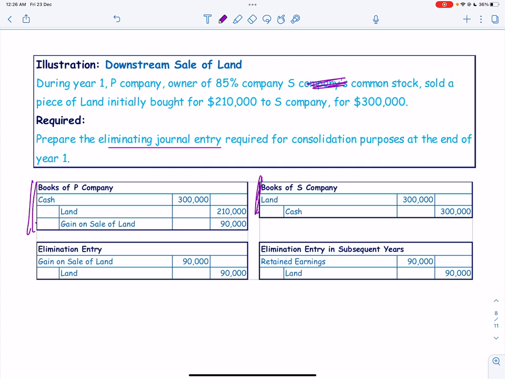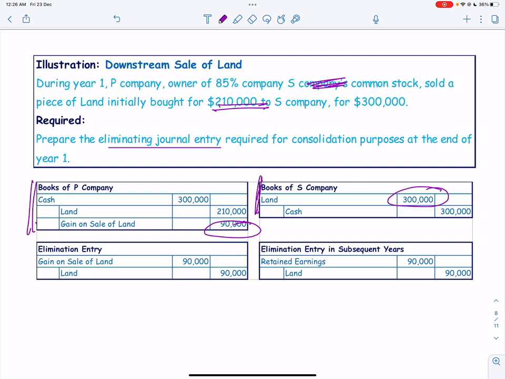First, we need to eliminate the gain because this gain is an intercompany gain, as the land is not sold to an outside party. And second, land is listed for 300,000 but it should be listed for 210,000. So we also have to reduce the land by 90,000.